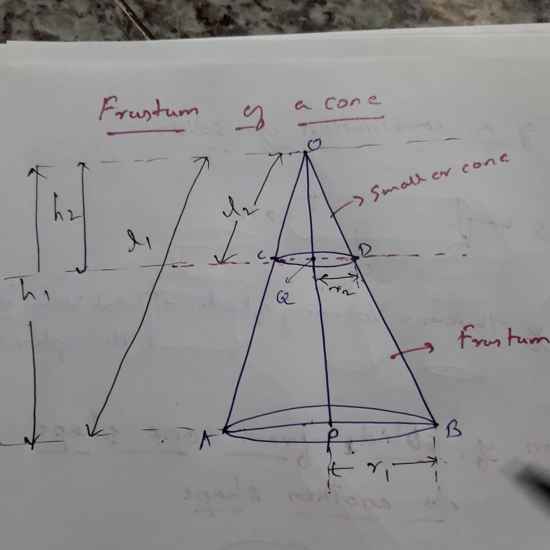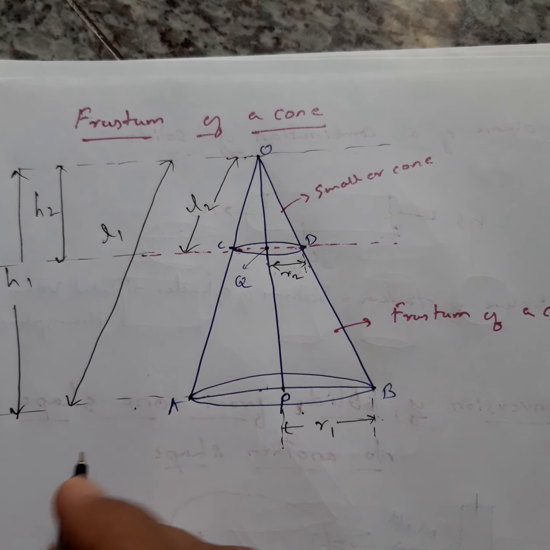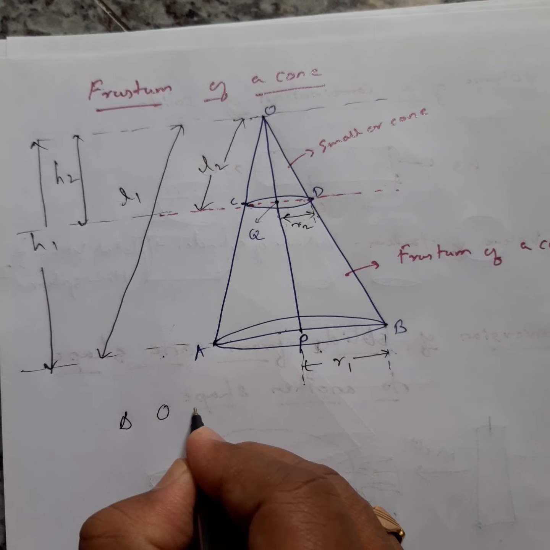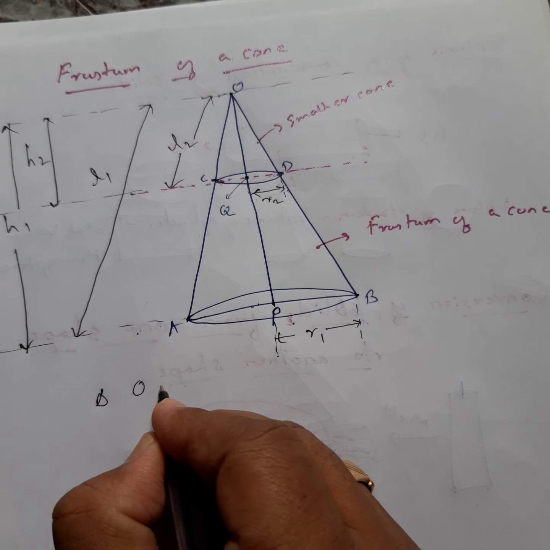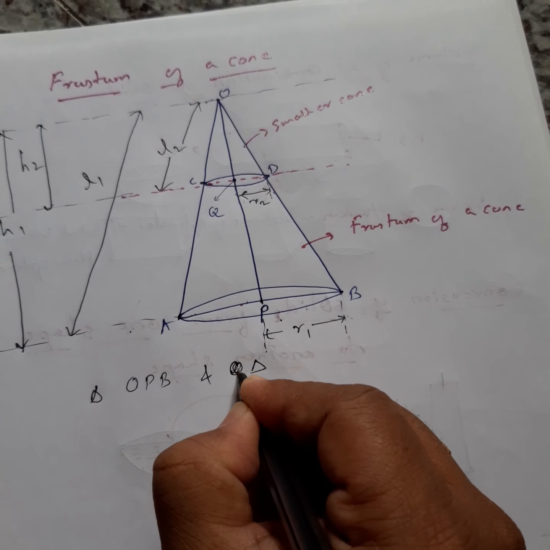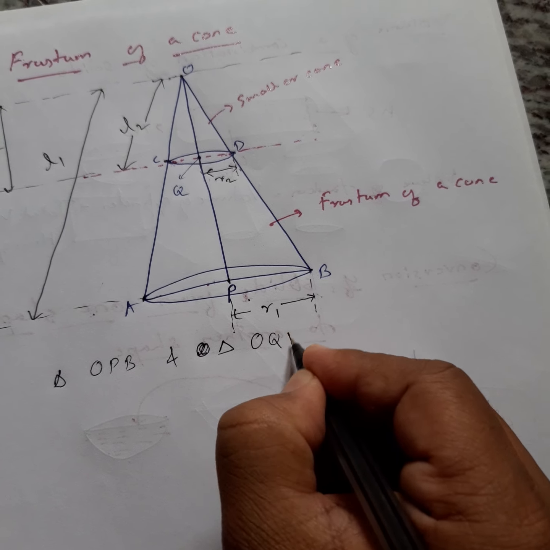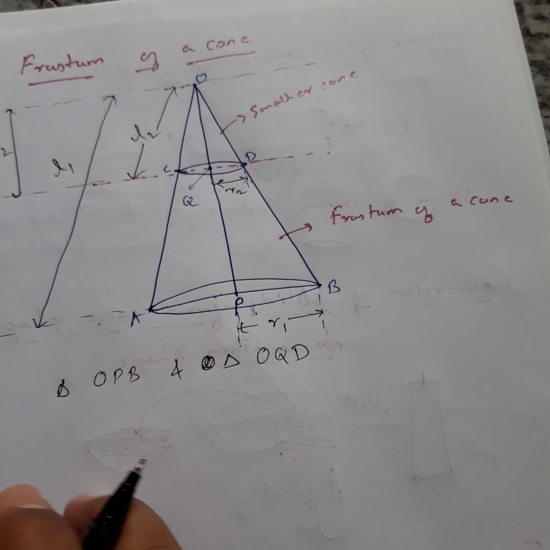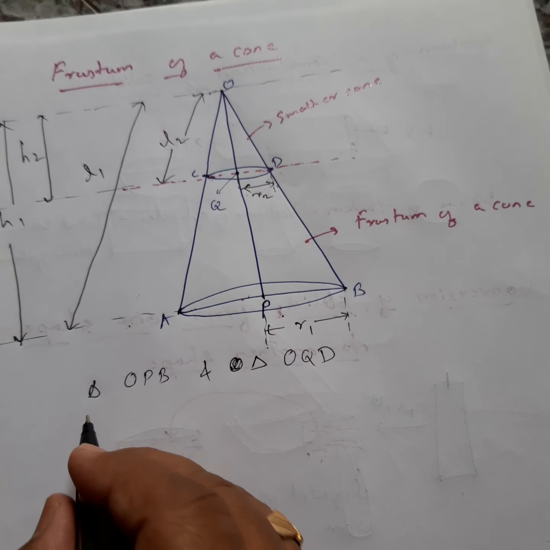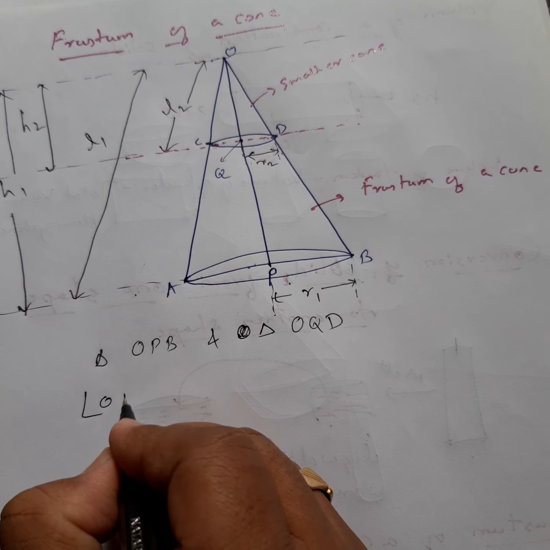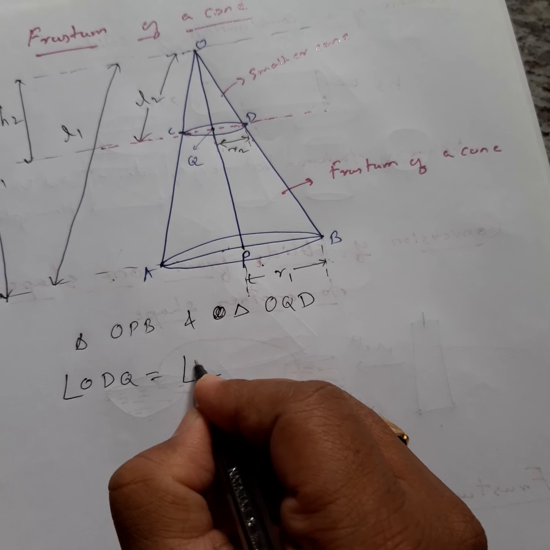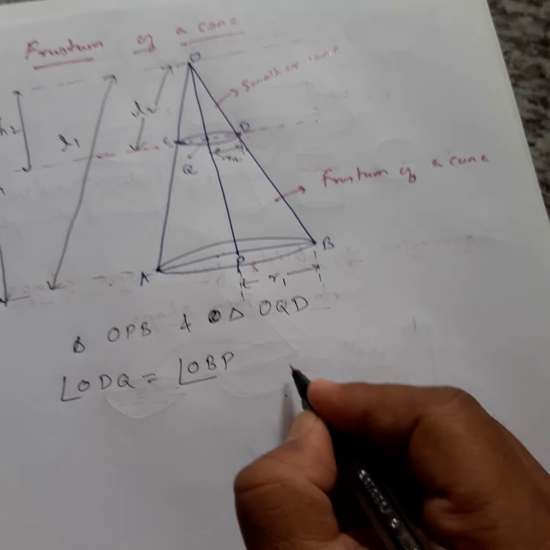If I look at the two triangles, triangle OPB and triangle OQD, in these two triangles angle ODQ is equal to angle OBP.